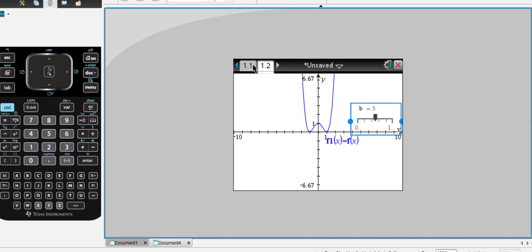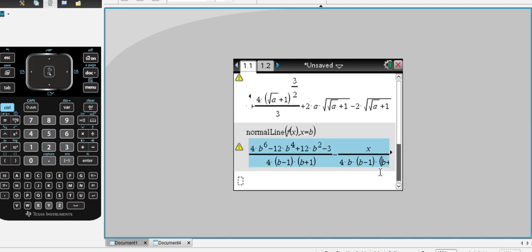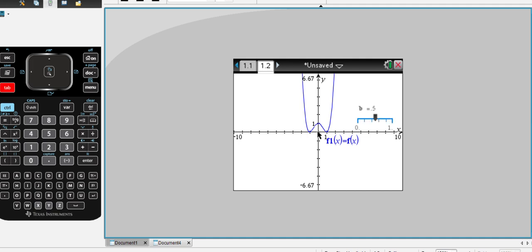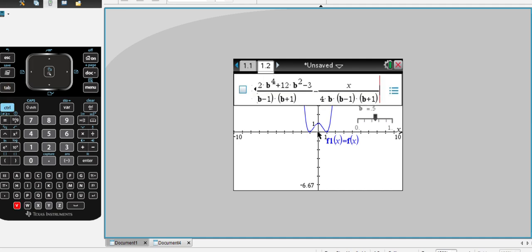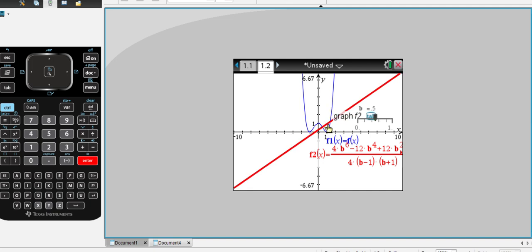Okay, and then we're going to copy and paste this normal line. Did I copy it? Okay, I did. And we're just going to try and find this small area bounded between both of them.